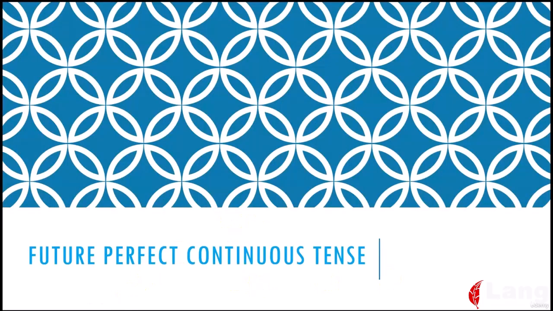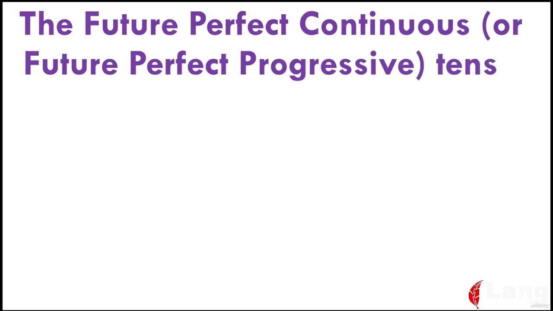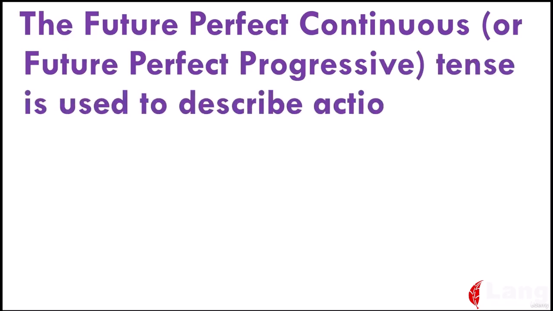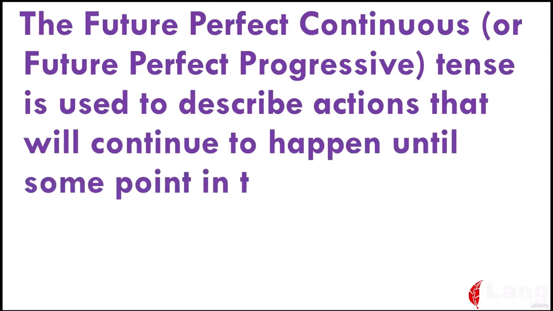In this lesson, we will discuss the future perfect continuous tense. The future perfect continuous tense or the future perfect progressive tense is used to describe actions that will continue to happen until some point in the future.